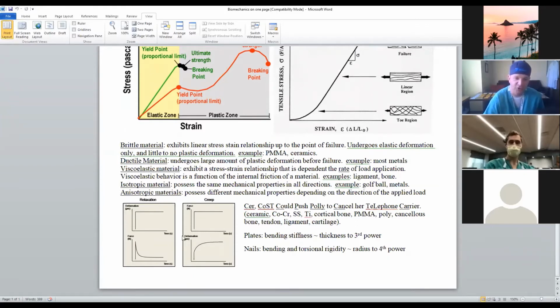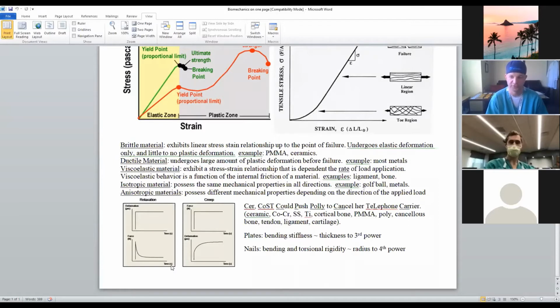If they ever show you a graph that has time as one of the axes, usually the x-axis, that means there is some relationship to the rate of stress or strain application. So they're trying to get at a viscoelasticity kind of problem.